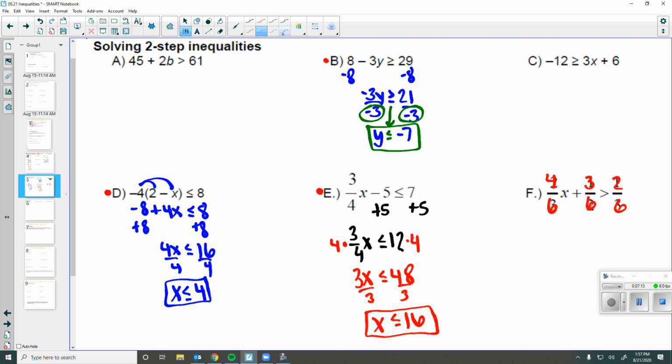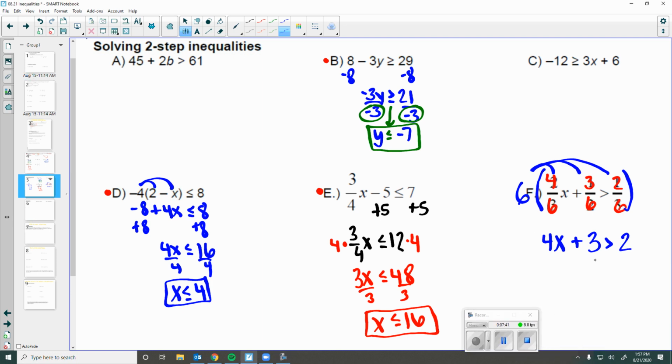It's just to help us get rid of the fraction if this is something you're better at instead of having to work with fractions the whole time. Because then we can multiply the entire inequality by 6. And we're going to get 4x plus 3 is greater than 2.